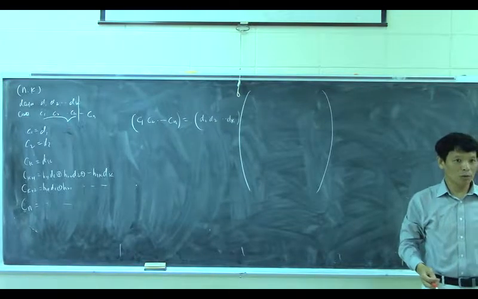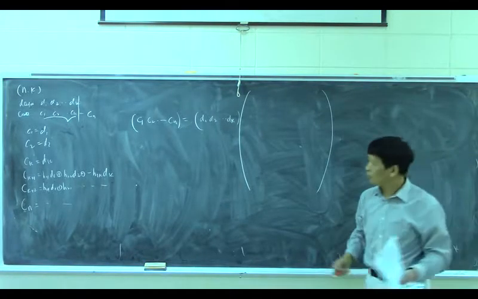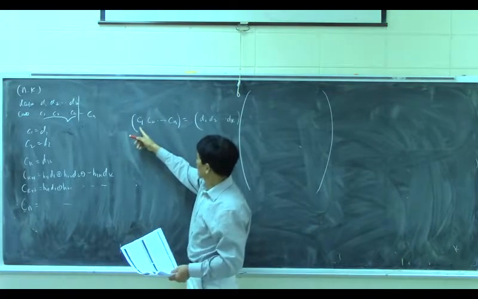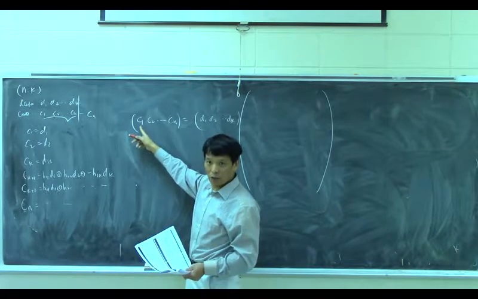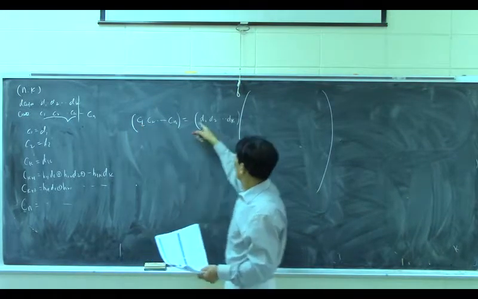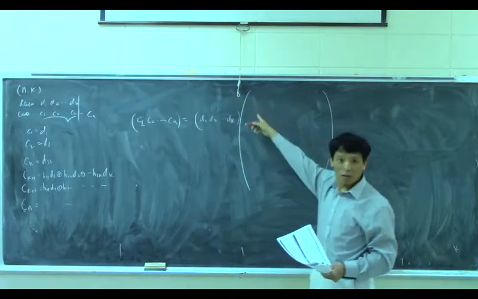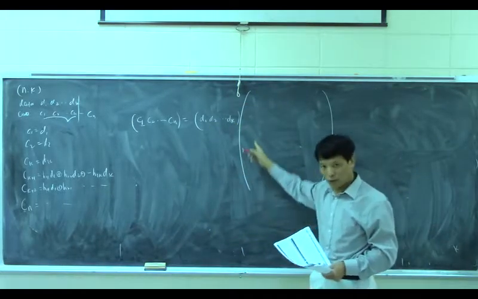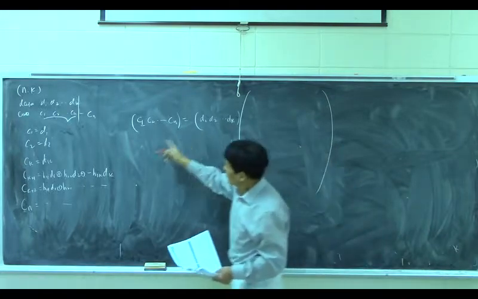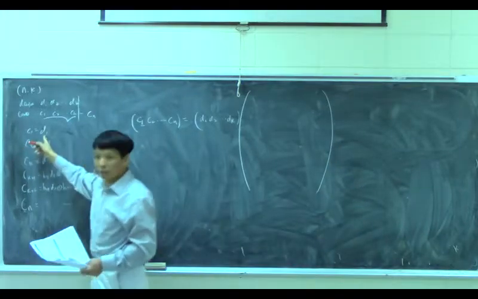I ask you to review the matrix multiplication. The first row times the first column, right? So look at here, C1 equals D1.